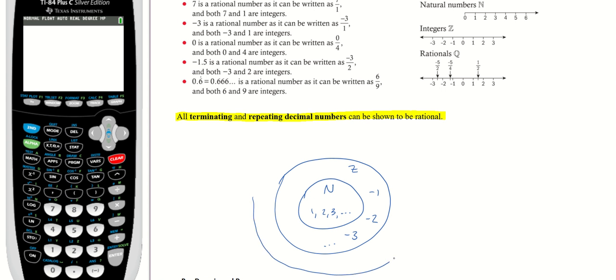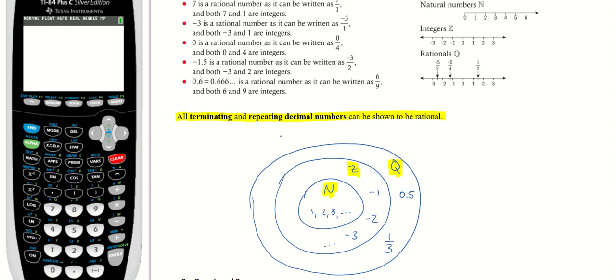Then, encompassing integers and natural numbers, you have rational numbers, where you start including fractions and things like that. Notice that because the integers and the natural numbers are within the rational number circle, they are also considered to be rational. It's kind of like a nesting doll phenomenon.